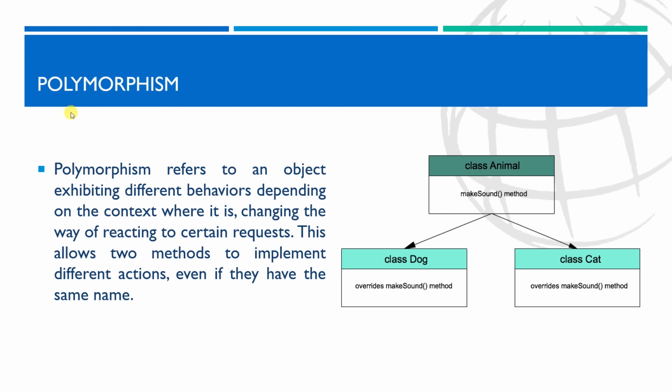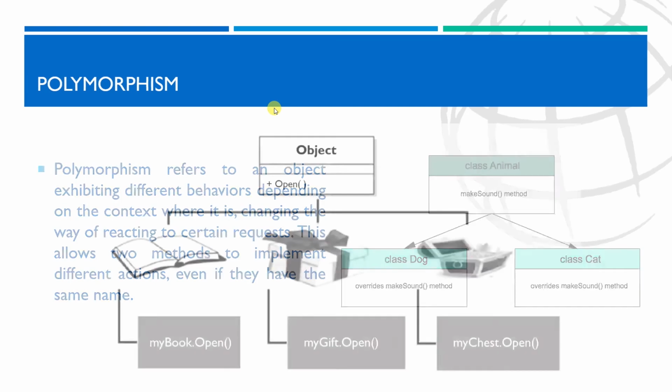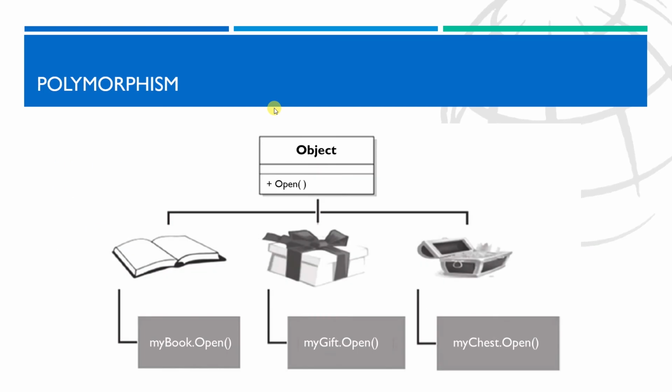For example, the dog and the cat objects have the option to eat defined. However, although it is done differently by each of them, each class knows how to do it.